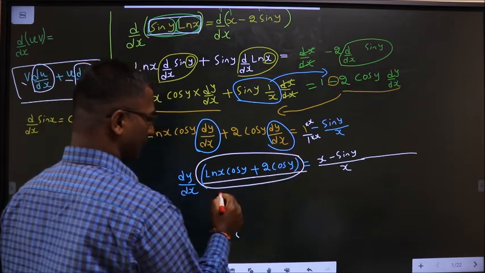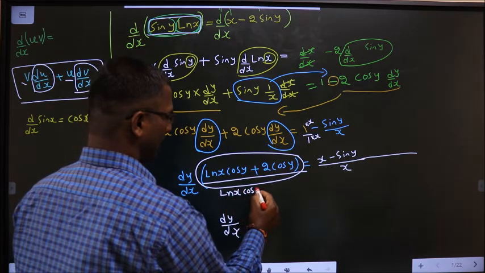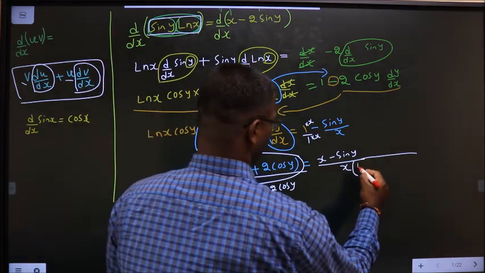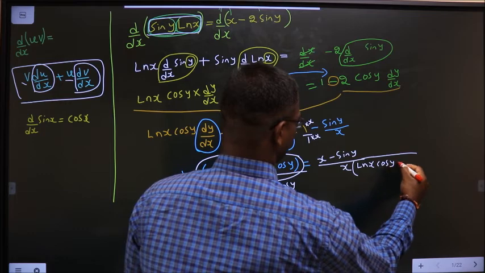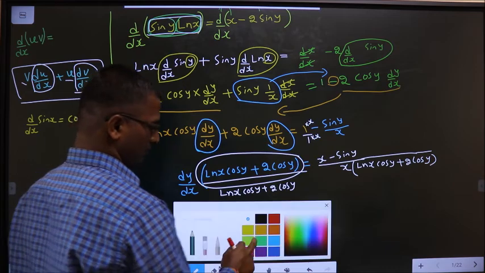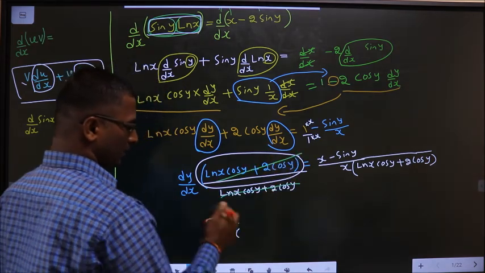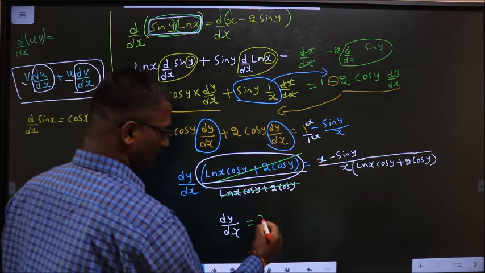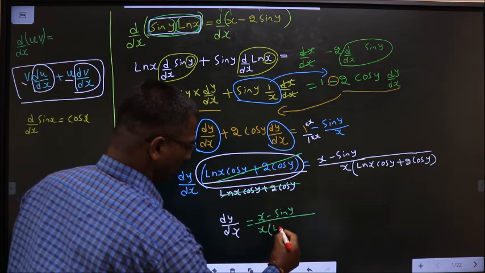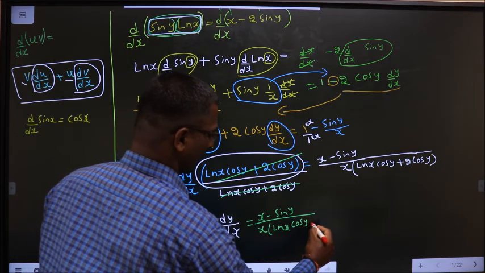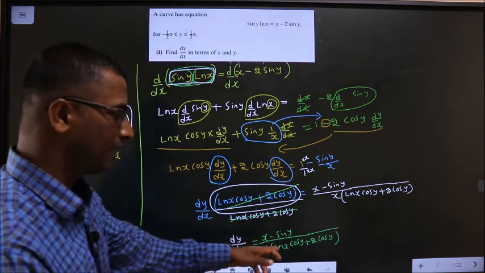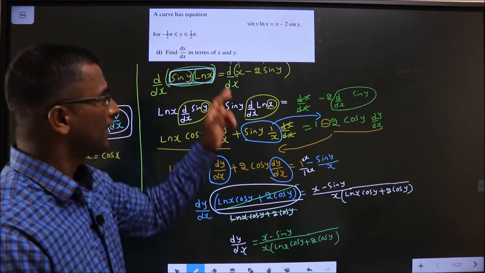For that, divide by that. So divide by ln x cos y plus 2 cos y on both sides. Okay, now this cancels out, you are left with dy by dx equal to x minus sin y by x brackets ln x cos y plus 2 cos y. Hence, I have found dy by dx. Is it clear?